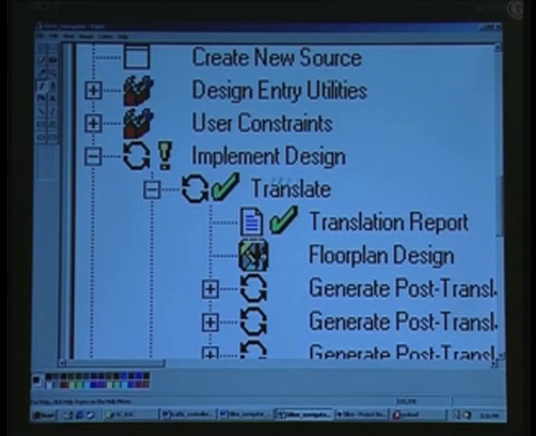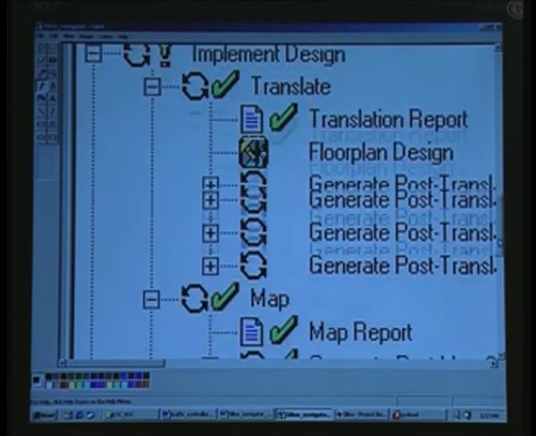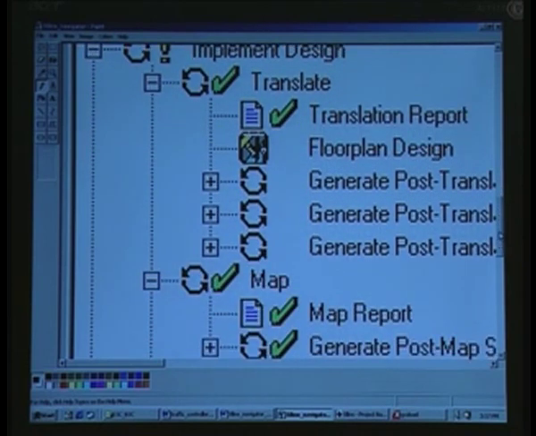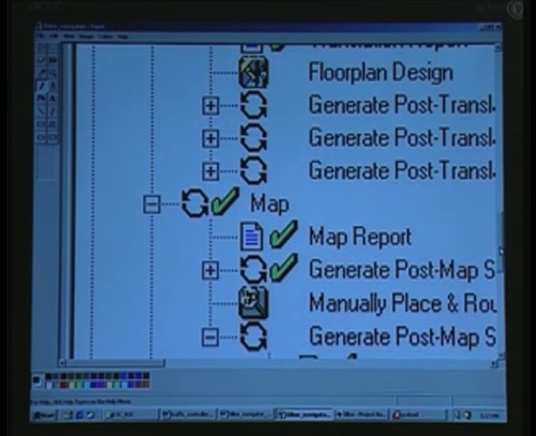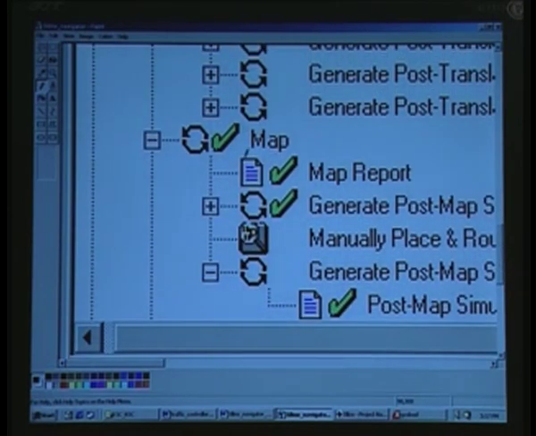And you have a translate, and then you can do a translation report. If you want to see the actual FPGA layout, you can double click on this floor plan design in order to invoke the same. And the device that you have mapped, and after mapping is done, you have a map report as well, and these are all various map reports available.